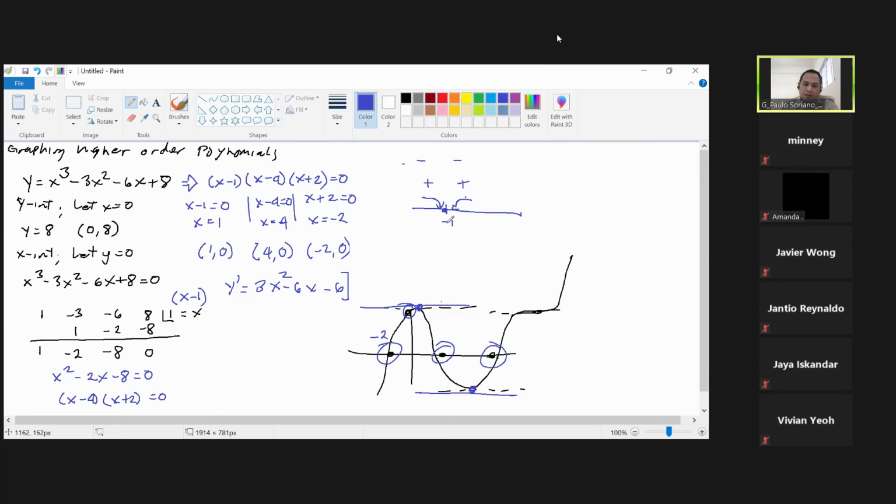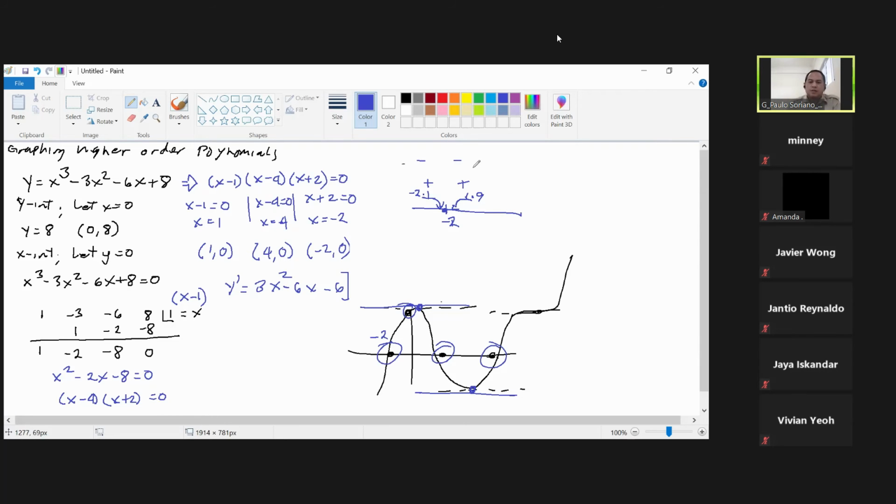So what values can we use at -2? We can use -2.1 maybe, somewhere to the left, and then use -1.9 somewhere to the right, and then just see if the values are like this. That's one way to test.